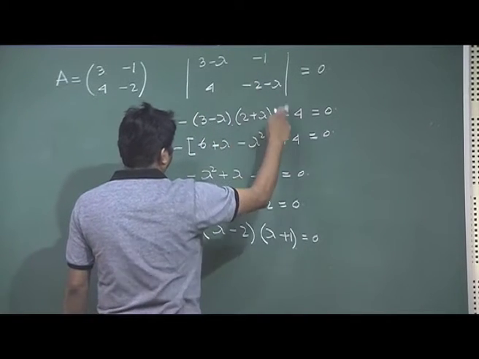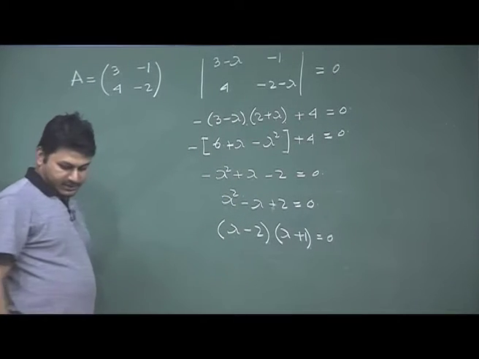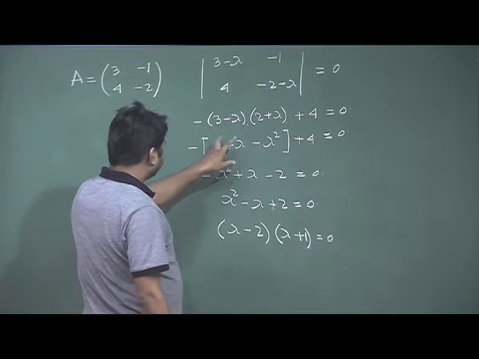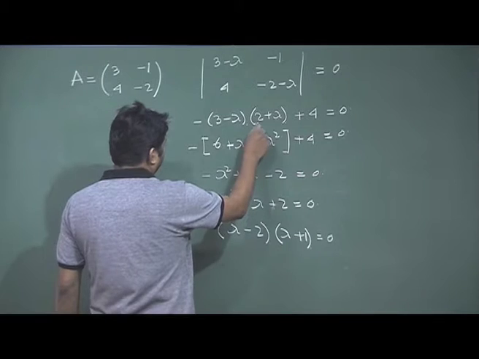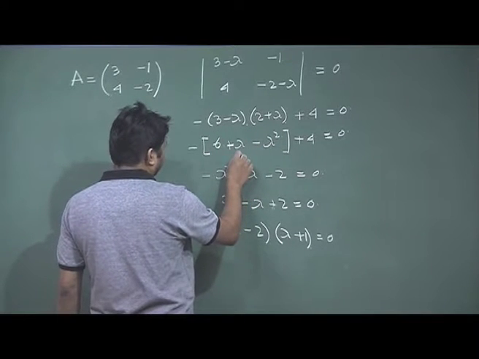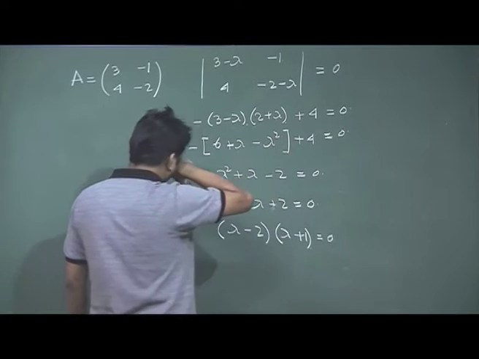So this is a minus, so there should be a plus sign here. Then minus 6, minus 2 lambda, plus 3 lambda, so one lambda is here, and minus lambda square plus 4.